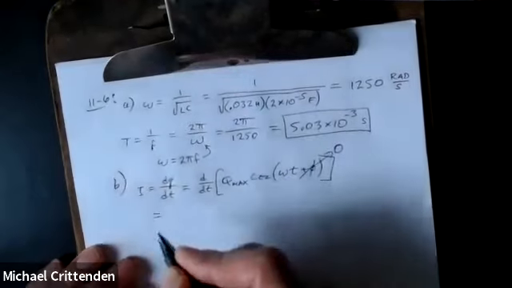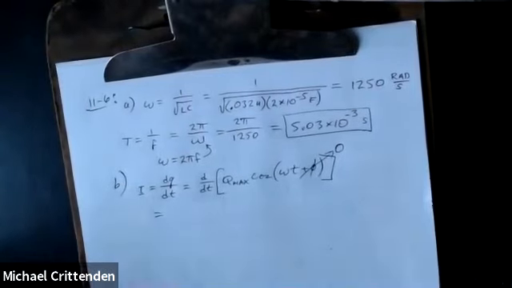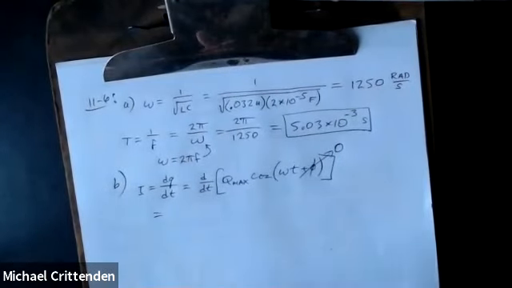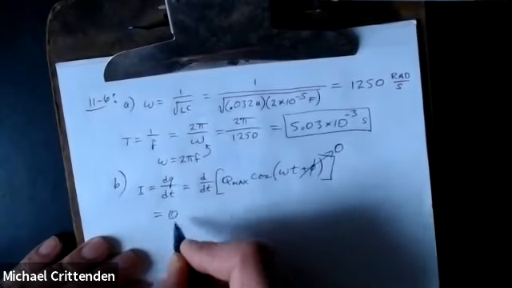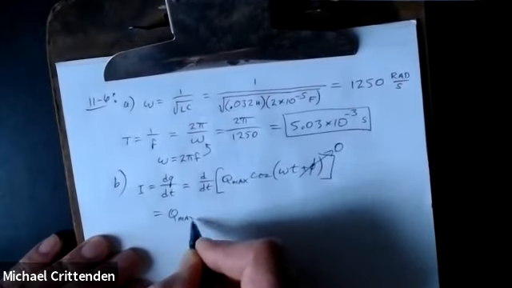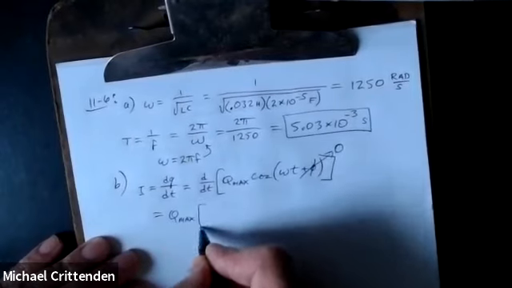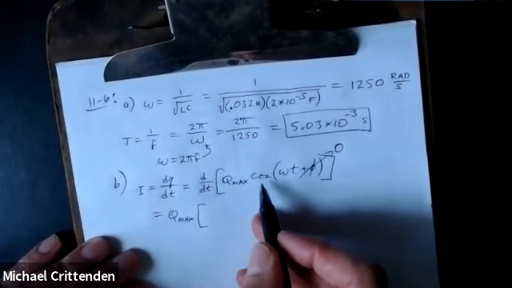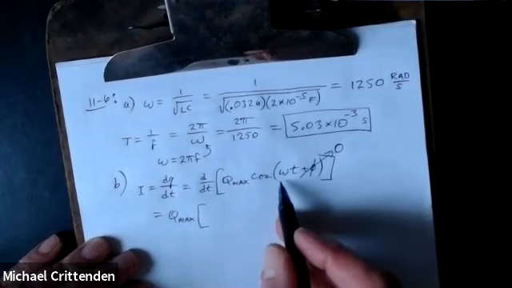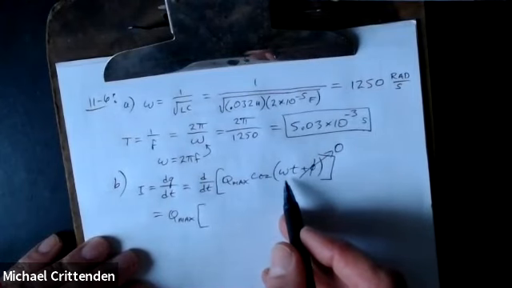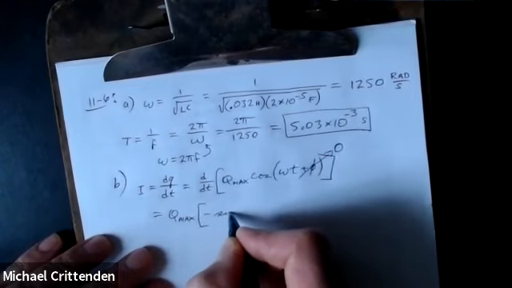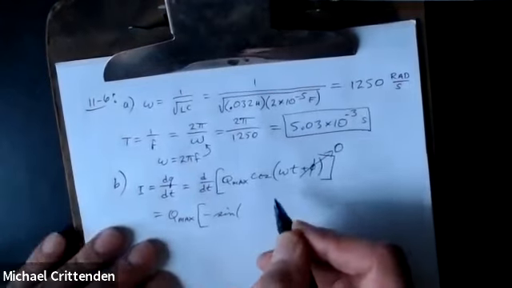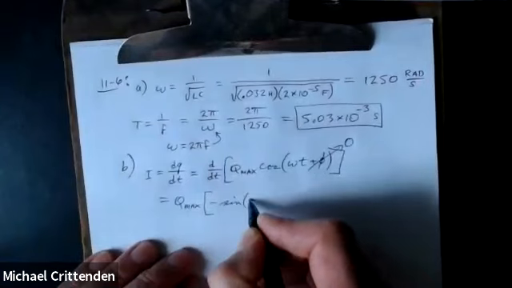As far as taking the derivative, Q max is a constant, and the derivative of cosine is minus sine. Minus sine of omega t.